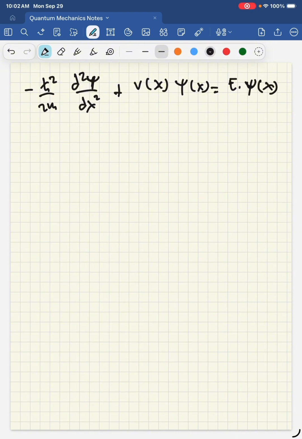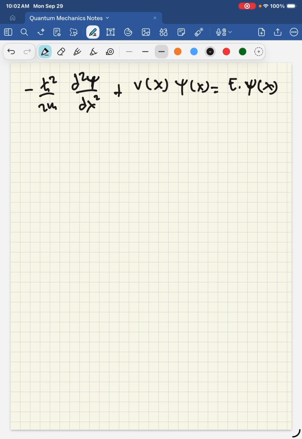So what does this differential equation tell us? It asks us to do, pretty much, the following. We have to find a function psi of x, for which if we take the second derivative and add it to the potential multiplied by the function, we should find a constant times the function. This is it.